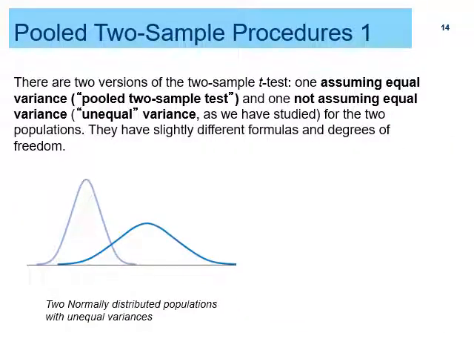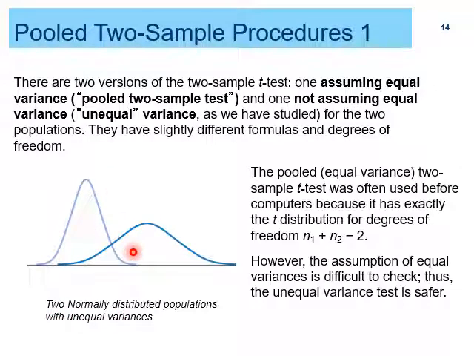Now, there are two different two sample procedures. One assumes equal variance, that is the pooled two sample test, and one assumes unequal variance, as we have studied for the two populations. They have slightly different formulas and degrees of freedom. The pooled equal variance two sample t test was often used before computers because it has exactly the t distribution with degrees of freedom n1 plus n2 minus 2.